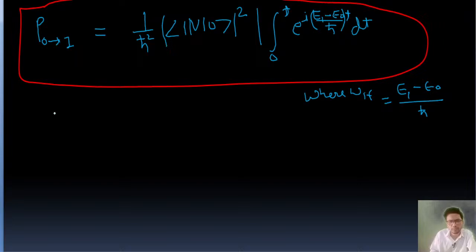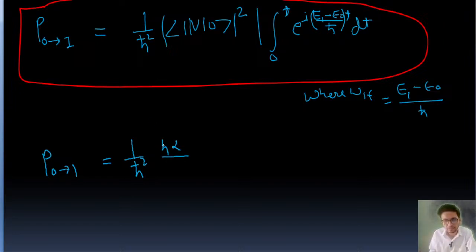Now very simple, we'll put the values in the formula. So it is going to be 1 upon h cut square, and <1|V|0> is given, that is h cut alpha upon 10, whole square.